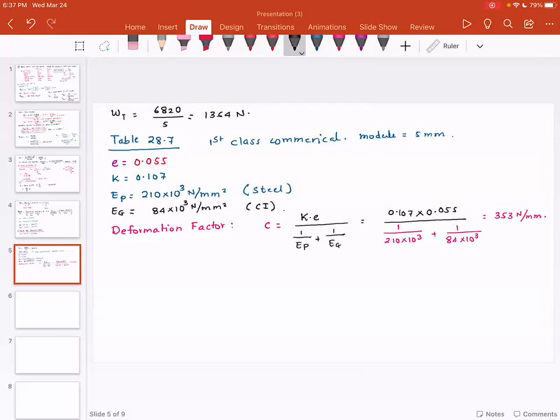Now we should go back and use the equation for dynamic load. WD is equal to WT plus 21V, which is the pitch line velocity, times BC plus WT, divided by 21V plus square root of BC plus WT.